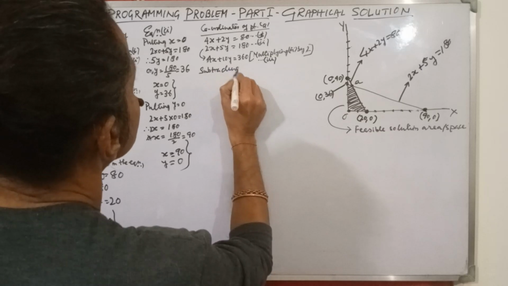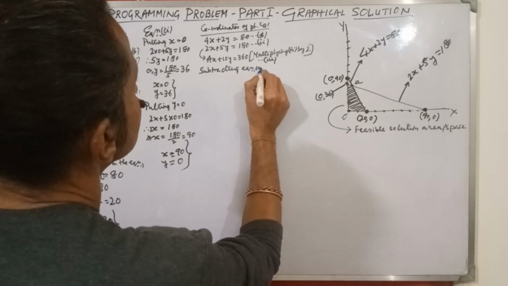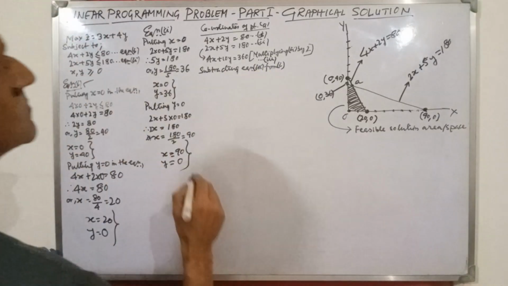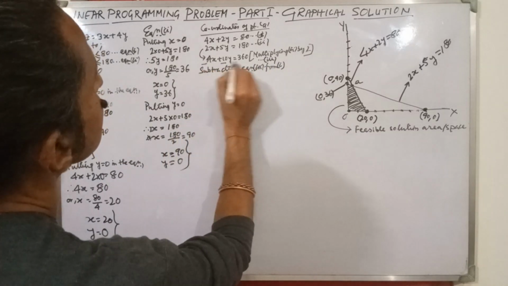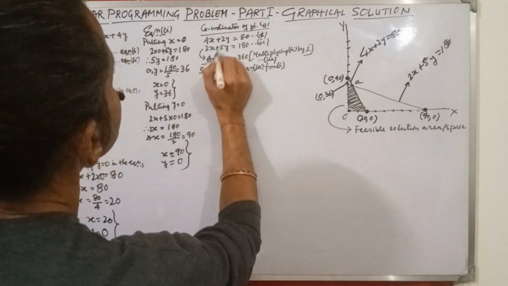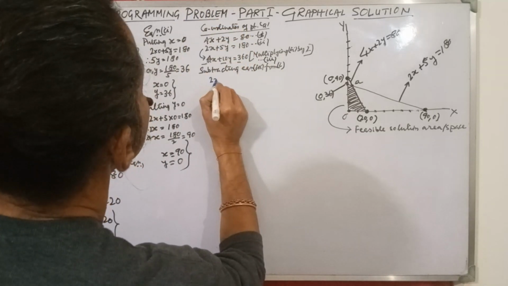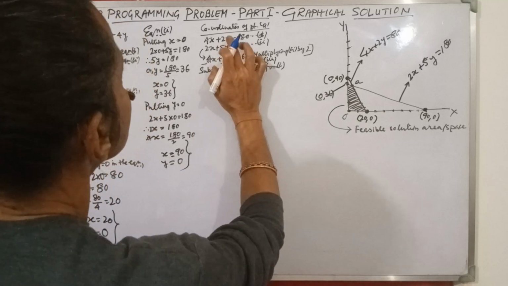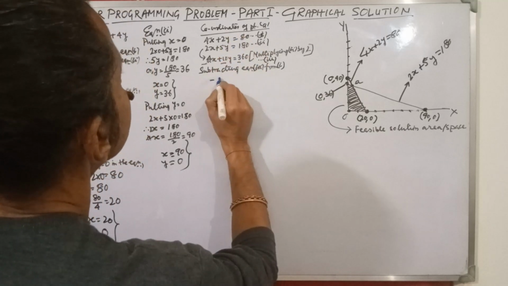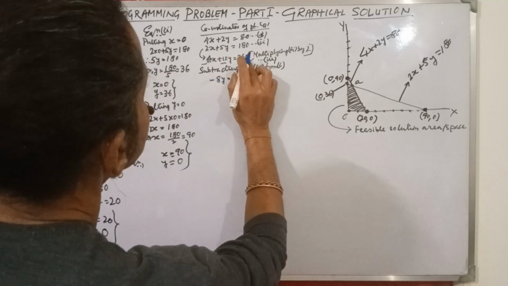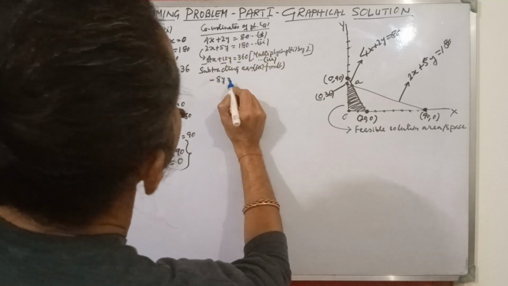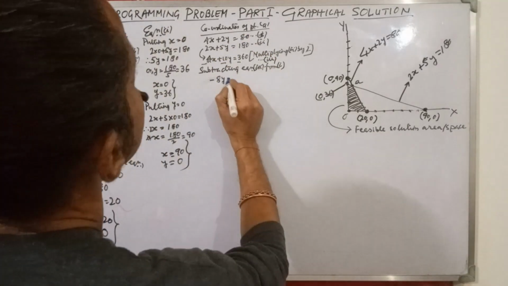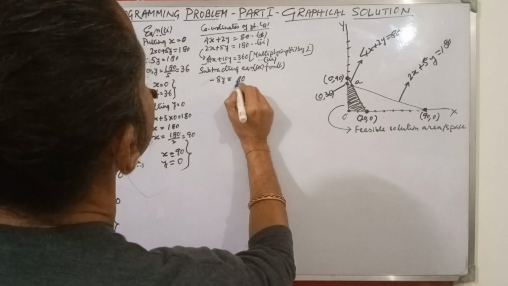What do we get? 4x goes away, remains 2y minus 10y, that is minus 8y equals to 80 minus 360, that is minus 280.